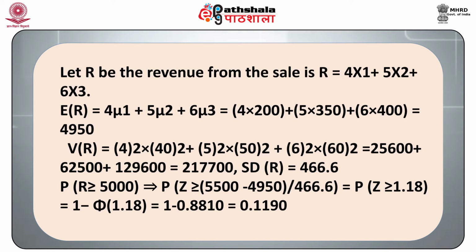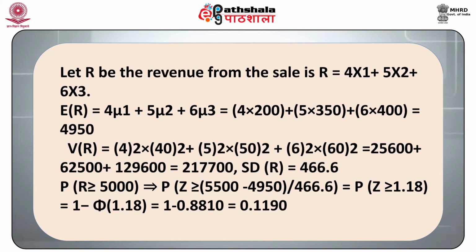Let the revenue from the sale be R, which is equal to 4x1 plus 5x2 plus 6x3. ER is equal to 4 mu1 plus 5 mu2 plus 6 mu3, which is equal to 4 into 200 plus 5 into 350 plus 6 into 400, which is equal to 4,950.